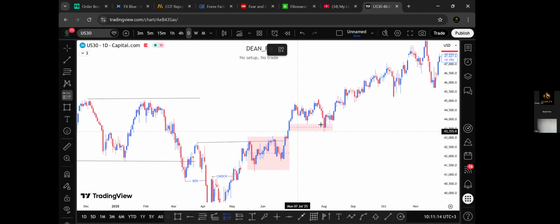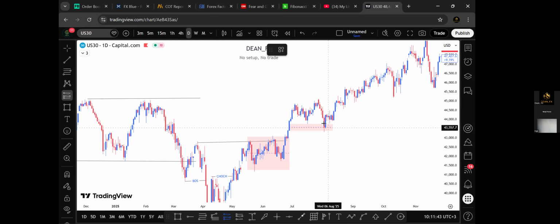Then a reaction at the fair value gap. So this actually is an entry confirmation, which is a bullish engulfing candle. We have the bearish and the bullish one, but the bullish one is engulfing the bearish.